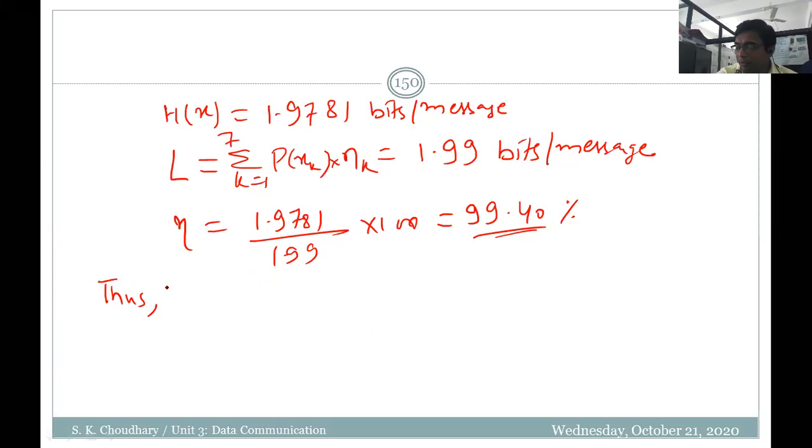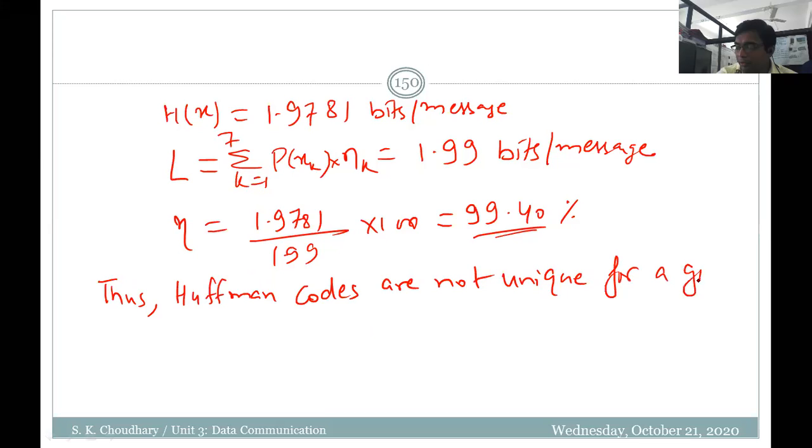So it gives you a conclusion, that is, the Huffman codes are not unique for a given set of probabilities. This is a very important statement you have to write after the solution, a very important comment after finding the value of efficiency. So in this way, we can say that Huffman codes are not unique. So you can solve Huffman coding based problems in multiple ways.